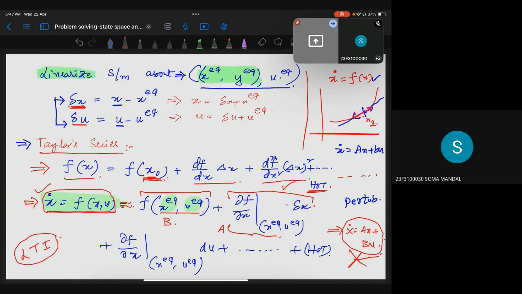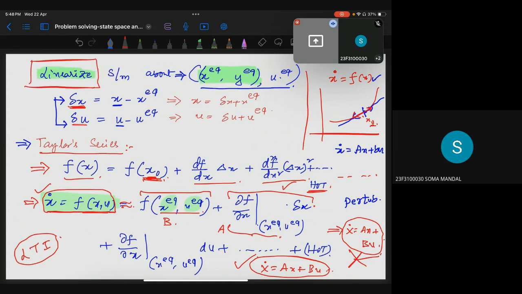So we are trying to put the system into the form x dot is equal to ax plus bu. Our first job is to know how to convert the nonlinear equation into this state space linear form. This conversion is called linearization.